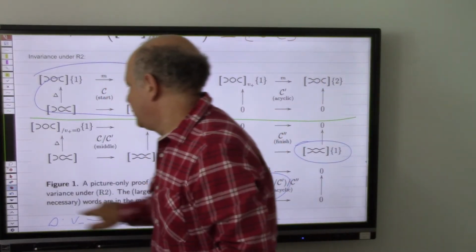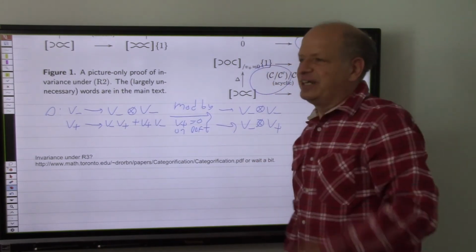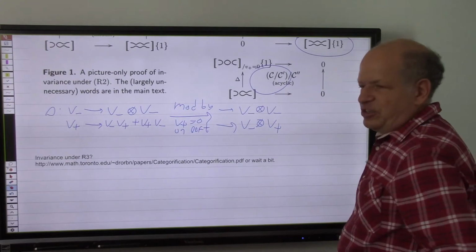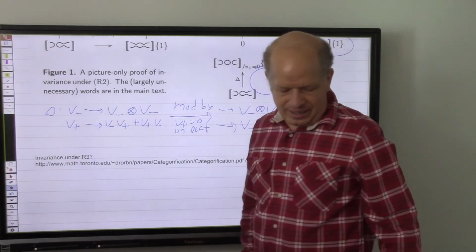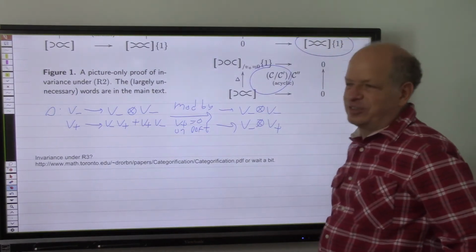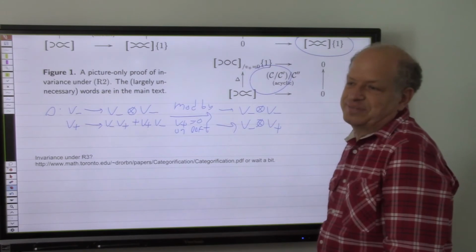Okay? Then comes Reidemeister 3. In the case of the Jones polynomial, Reidemeister 3 was a trivial consequence of Reidemeister 2. In the case of Khovanov homology, it isn't.